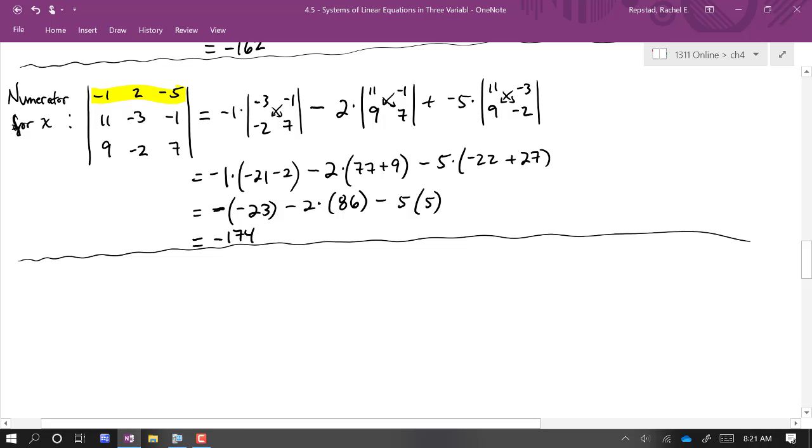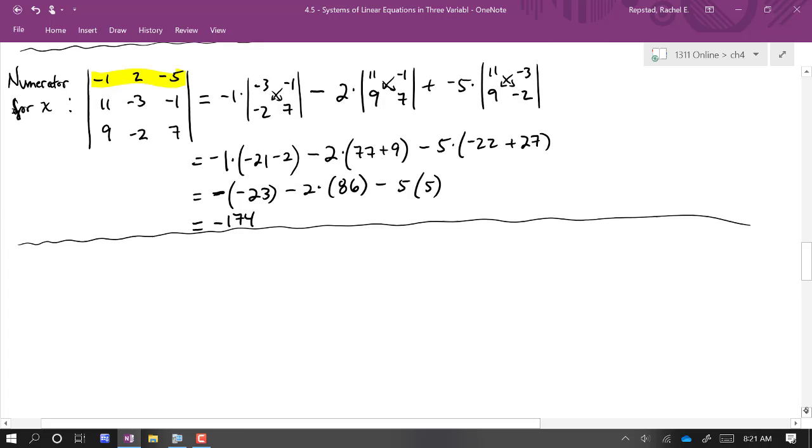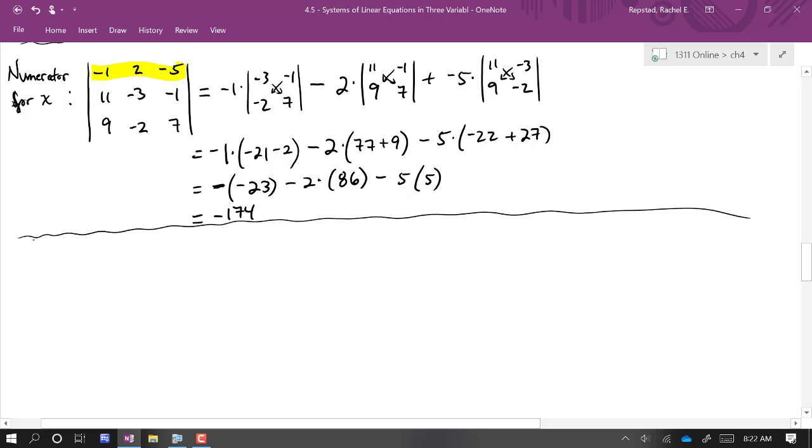Okay, so now one more determinant to find. We'll find the determinant that we need to solve for y. So let's see, our numerator for y. The x and z columns stay the same, so my x column was 3, 2, 5. My y column I'm going to replace with the constants, so negative 1, 11, 9. My z column stays the same.